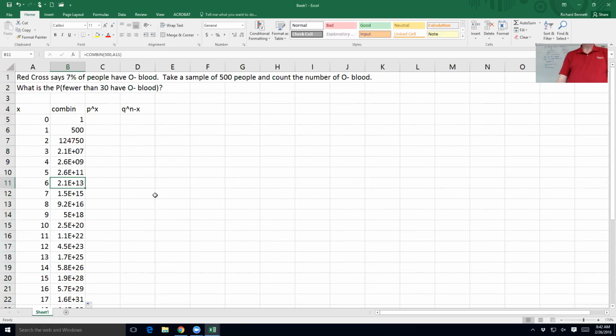Okay, p to the x. So what's my p in this case? 0.07 to the, click on the 0. What's my q? 0.93 to the, and make sure you use parentheses here. What's your n?